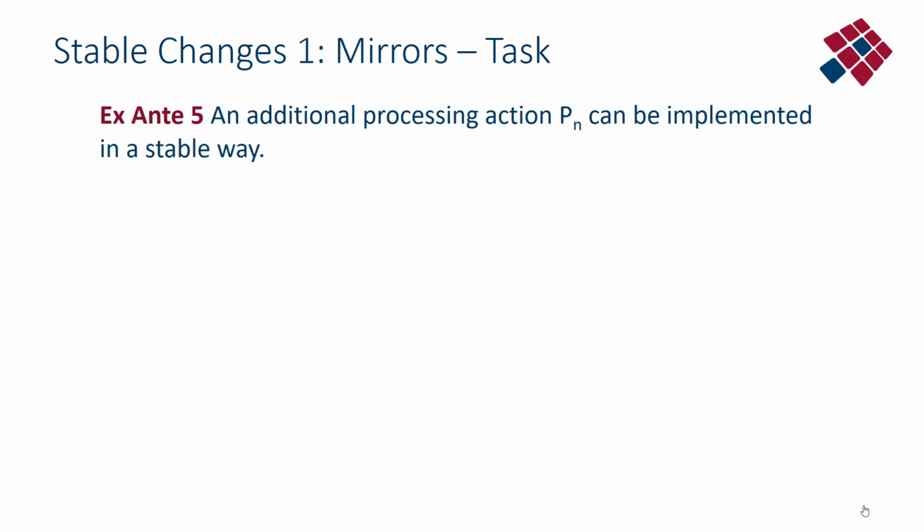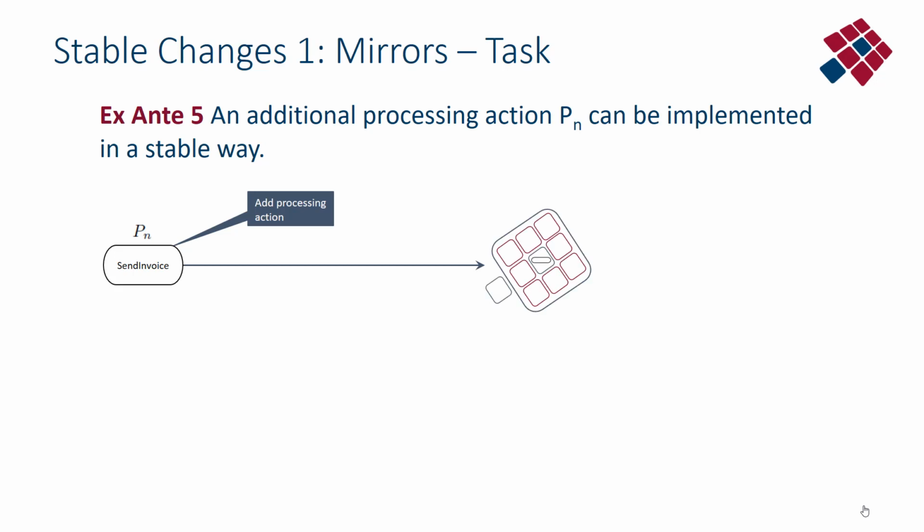Another change you can do in a normalized software system in a stable way is you can have an additional processing action implemented in a stable way. If you want just to add an additional processing action, suppose the send invoice would not have existed yet, the only thing you have to implement is the actual implementation of the task element consisting of all the various classes of that task element.